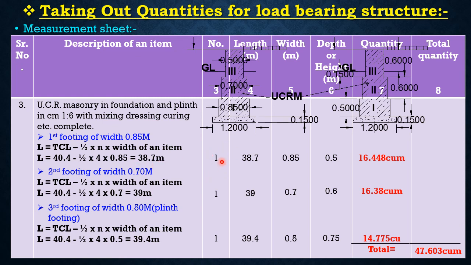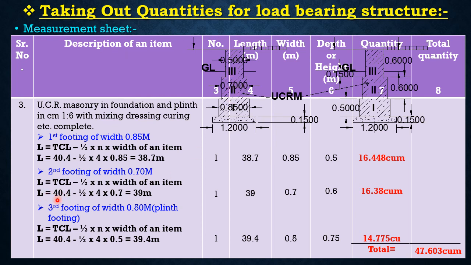Then the number is 1, 38.7 meter is the length, width is 0.85 meter and depth is 0.5 meter for first step footing. Then multiplying column number 3, 4, 5, 6, we got the quantity 16.448 cubic meter.